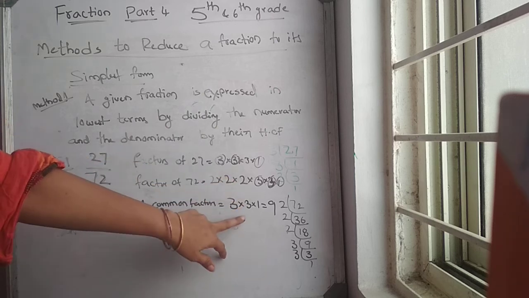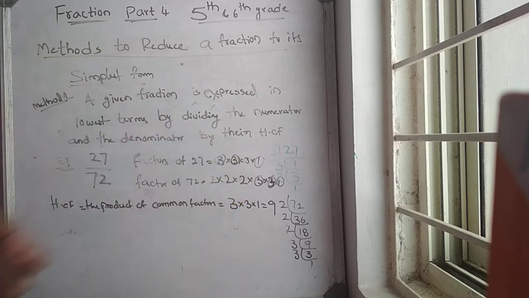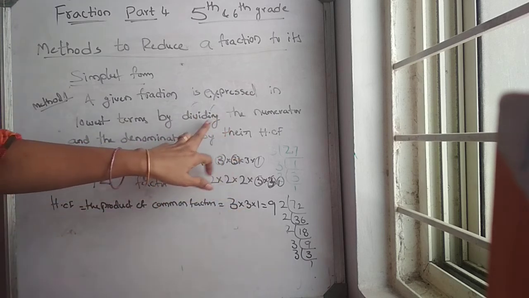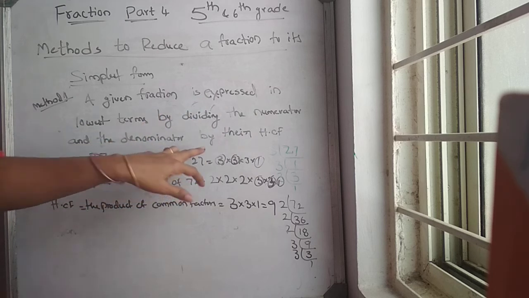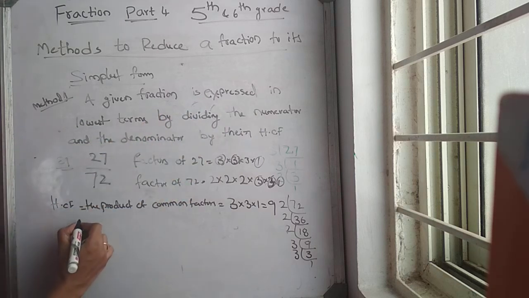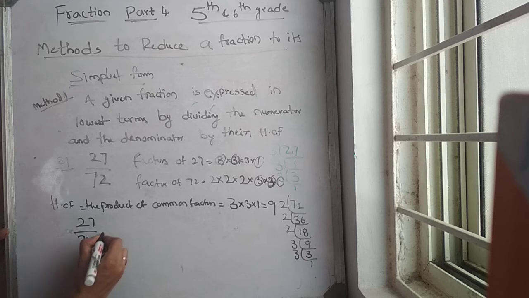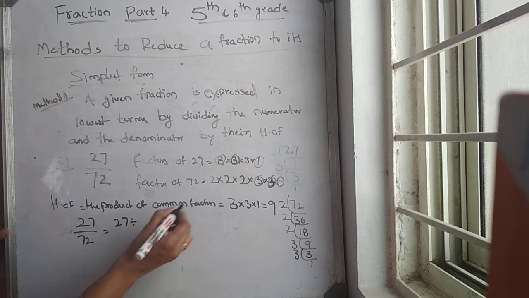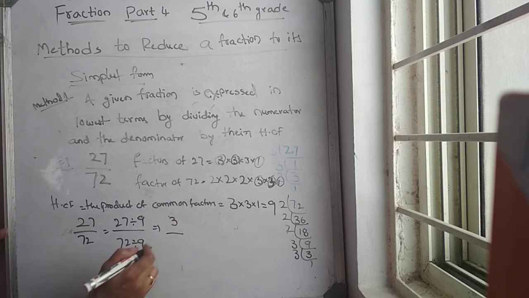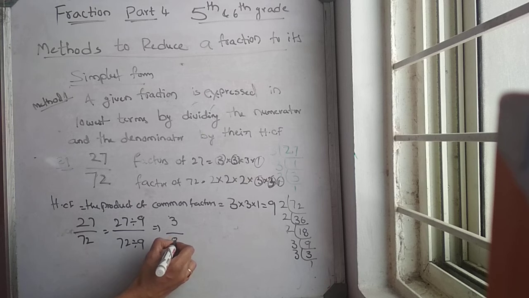What they mentioned here: first you find the HCF. After that, divide the numerator and the denominator by their HCF. Okay. 27 by 72 equals 27 divided by the HCF, 9, over 72 divided by 9. See, 9 3s are 27, 9 8s are 72.